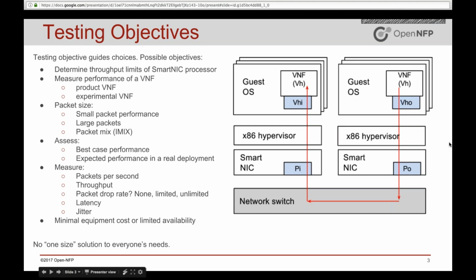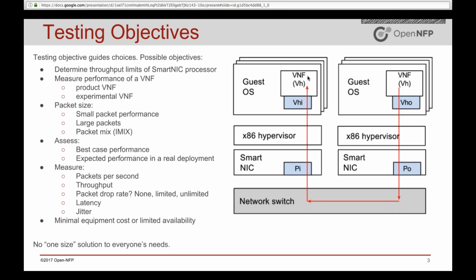A typical topology for testing might look like this, where you've got one or more virtual machines running on a hypervisor, a SmartNIC of some kind underneath, a network switch connecting them to the two, and the data path going up via the SmartNIC up to other VMs.